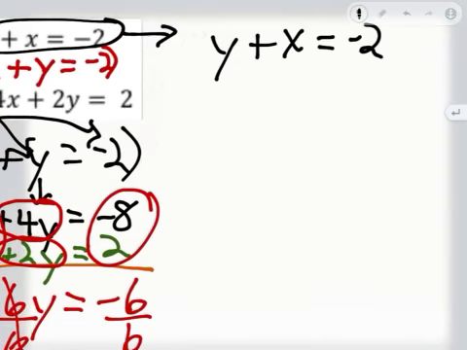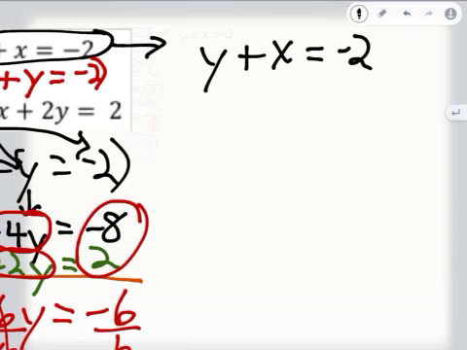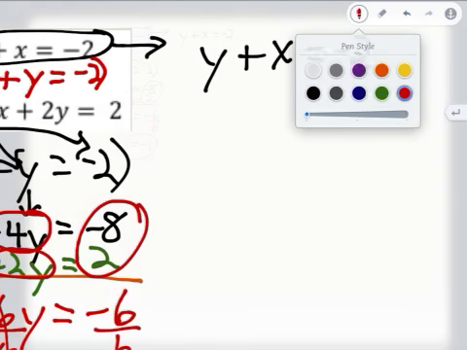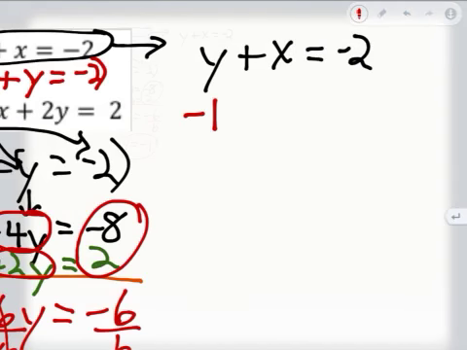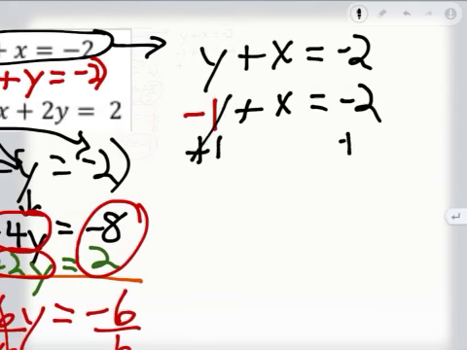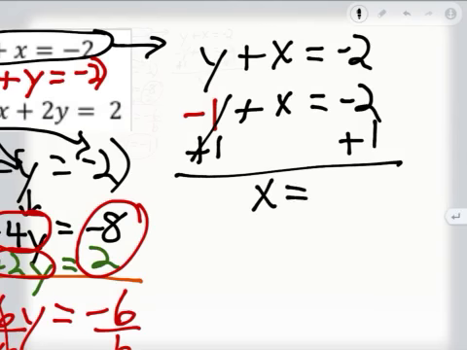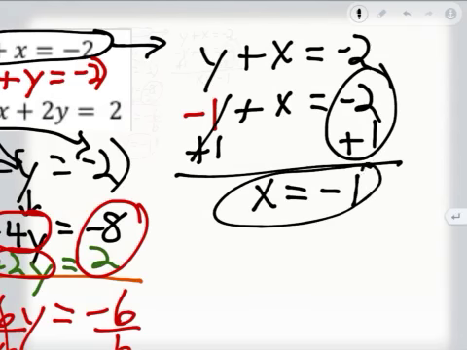So we've got negative 1 plus x equals negative 2. Then I add 1 to both sides so the x is by itself, and I'm left with x equals negative 1, because a negative 2 and a positive 1 gives me a negative 1.